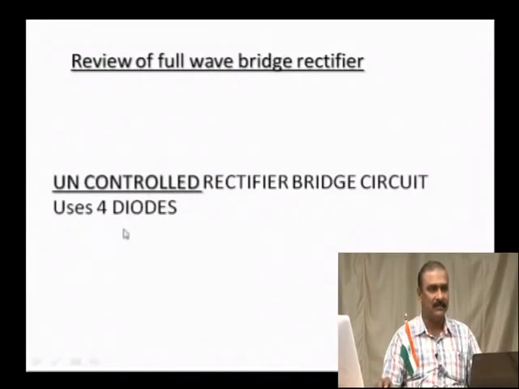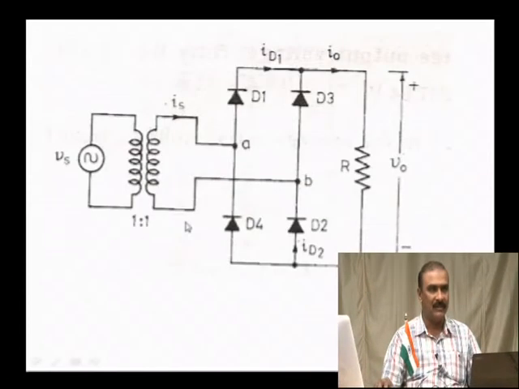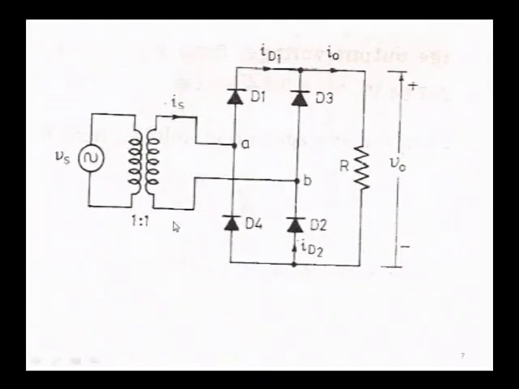Now, how the circuit looks, it is like this, and D1, D2, D3 and D4, these four are connected in a bridge pattern. So, this is a common cathode terminal, both cathodes have been made common.